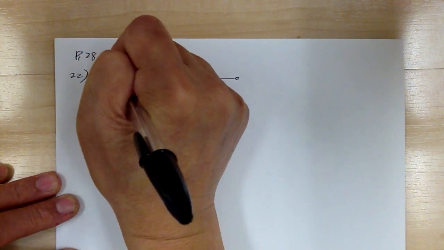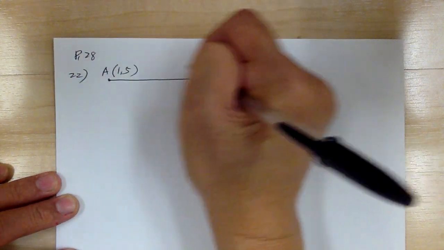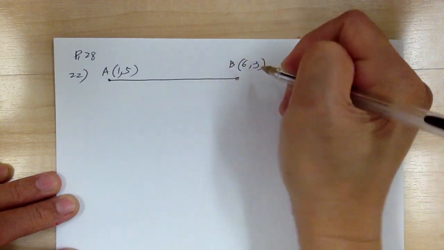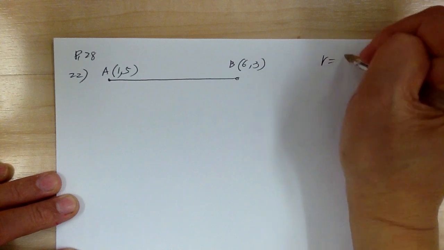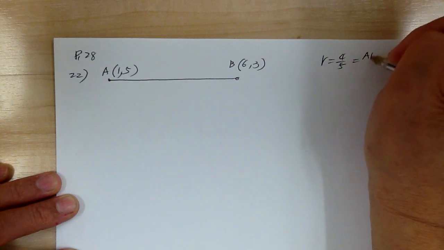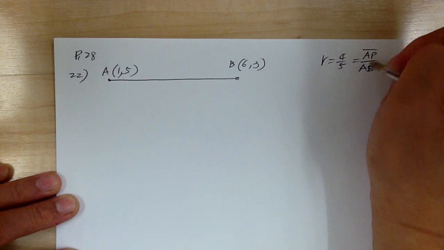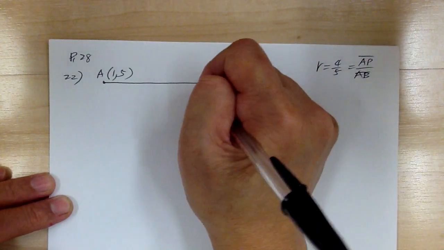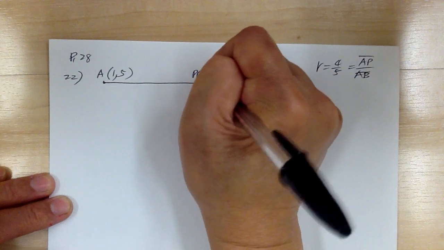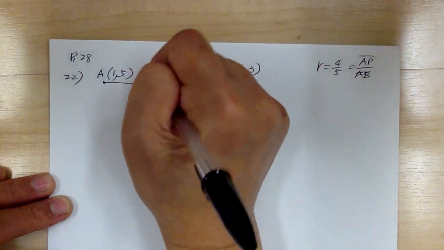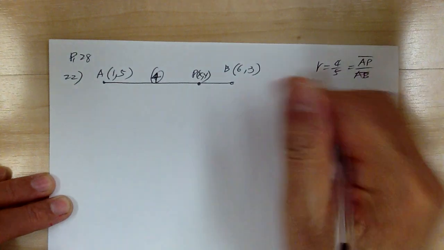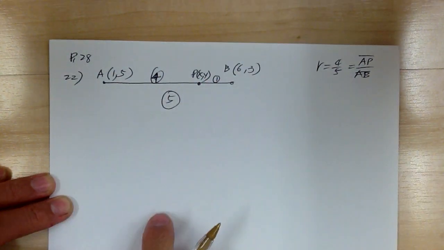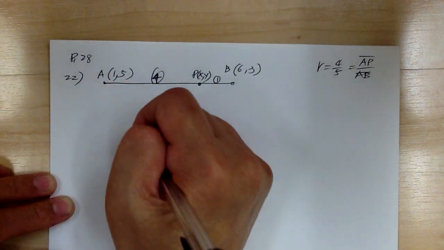So A is 1.5, B is 6.3, and R equal to 4/5, which is equal to AP over AB. So from A to P is 4/5, so P is going to be like right over here. So AP is 4, and AB is 5, so PB is equal to 1.